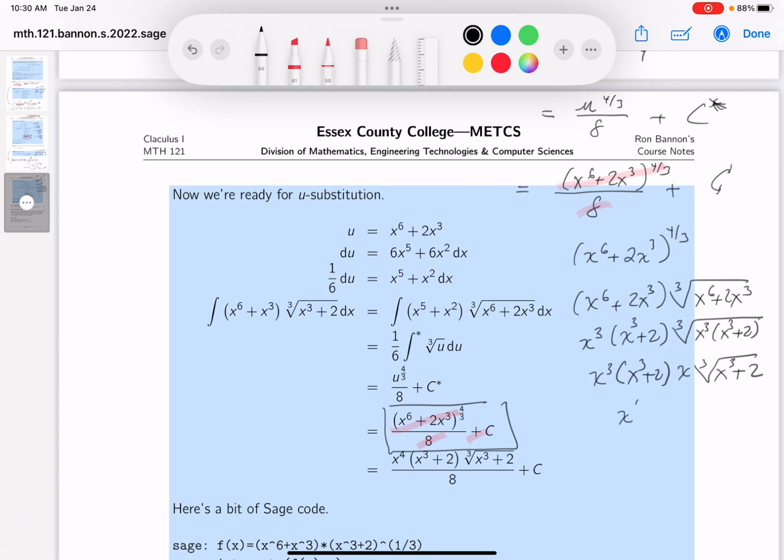This would be x^4, x cubed plus 2, the cube root of x cubed plus 2. I want to make sure that's written down for you. And I see that right over here. That's what we just simplified over there. Again, the 8 was there to begin with. Nothing happens there, and the c was there. So you still get the x^4, you still get the x cubed plus 2, and you still get the cube root of x cubed plus 2 over 8 plus c. Things are looking good. Thank you.